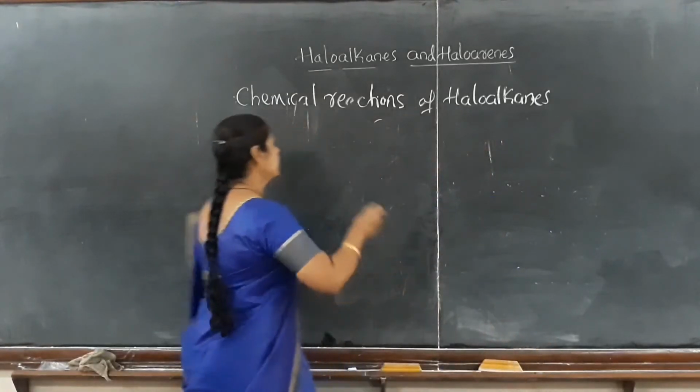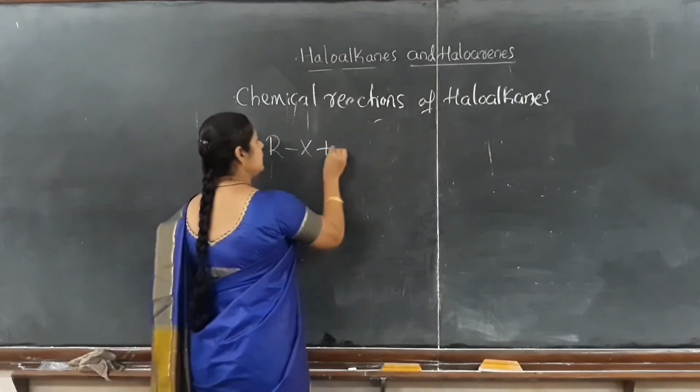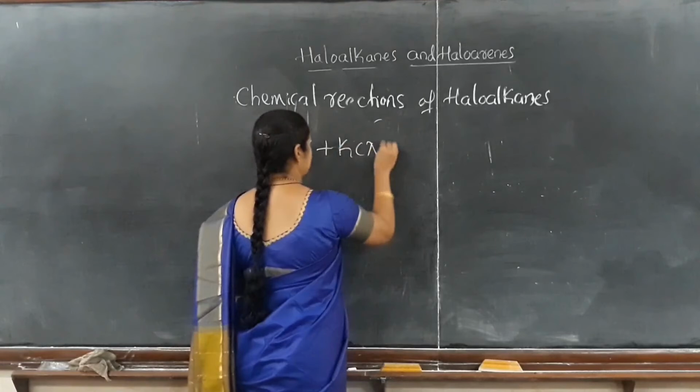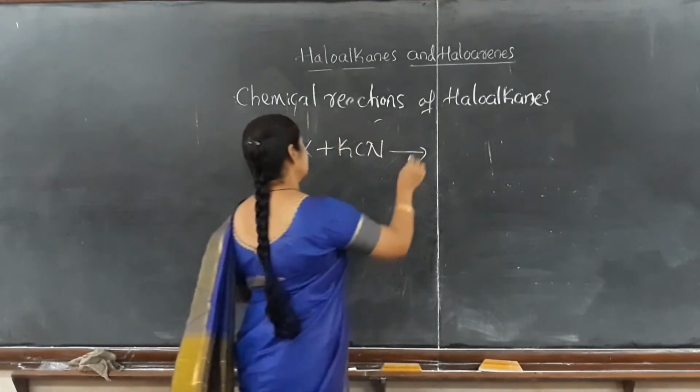When an alkyl halide is treated with potassium cyanide, there is a formation of alkyl cyanide.